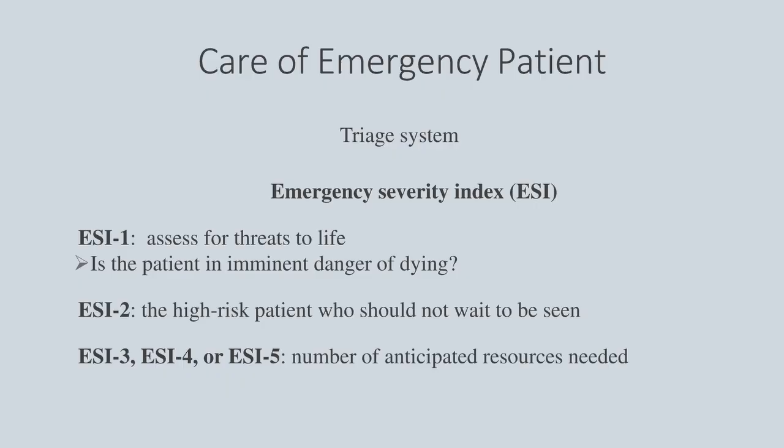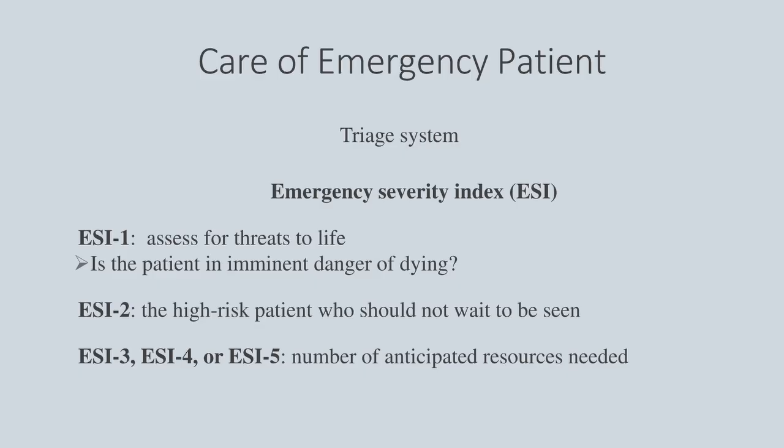So like I said, it's ESI 1 through 5. A patient who qualifies for an ESI level 1 is going to have an immediate threat to their life. So you need to ask yourself, is this patient in imminent danger of dying?